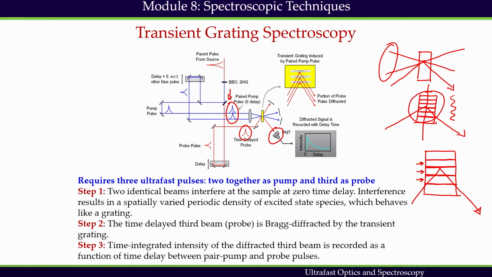If these excited states decay to the ground state, then we are erasing the grating, and if the grating is missing, there is no scope of getting a diffracted beam. So, we do not see any diffracted beam, and in this way we are able to measure the excited state dynamics and also diffusion kinetics as well.